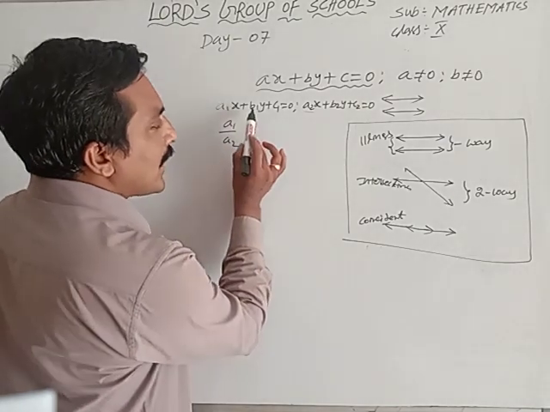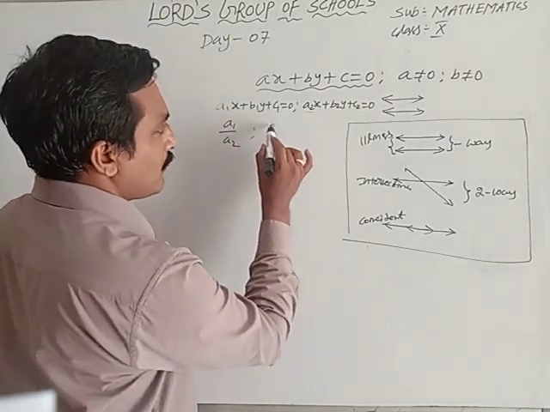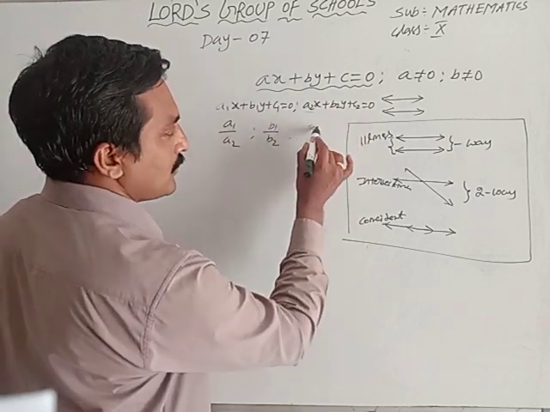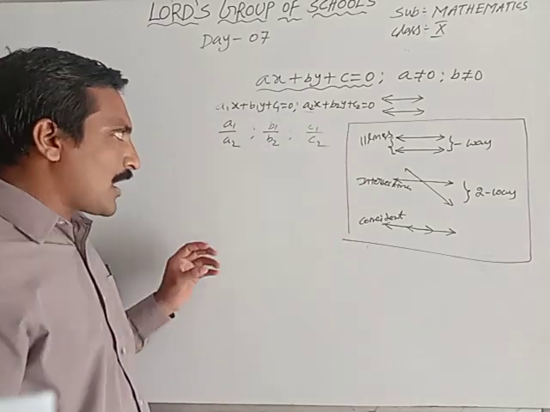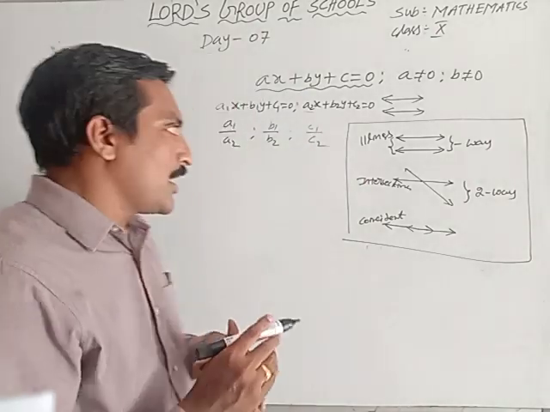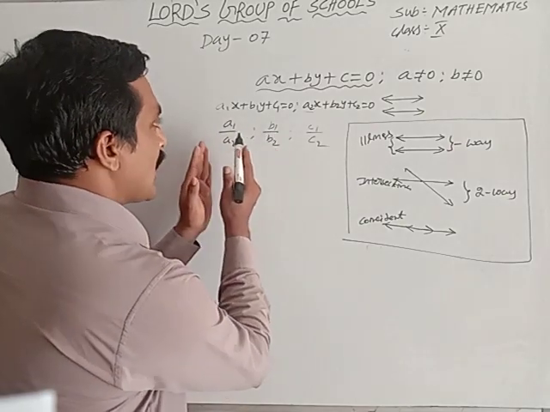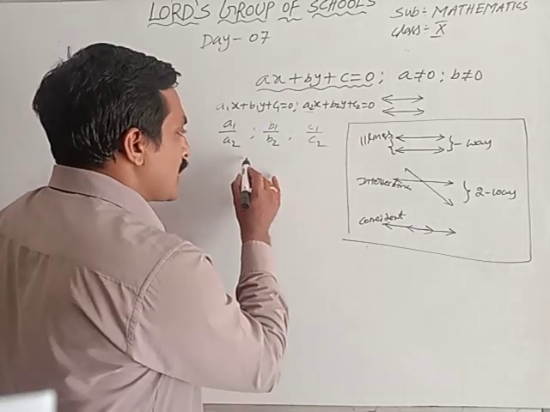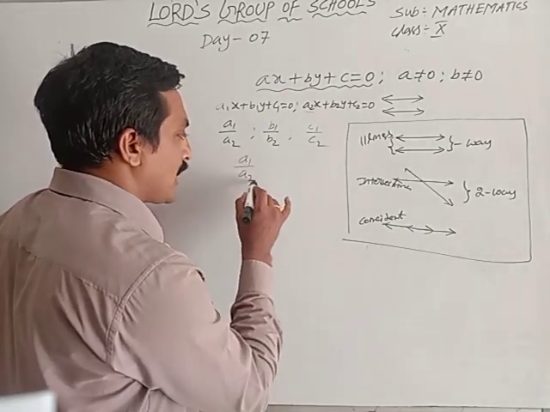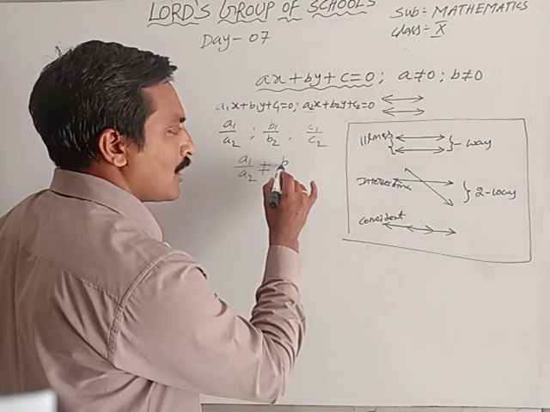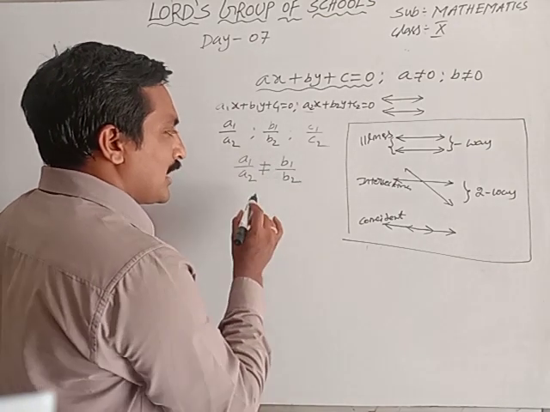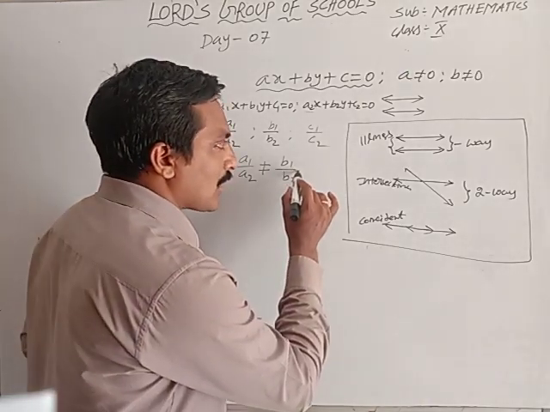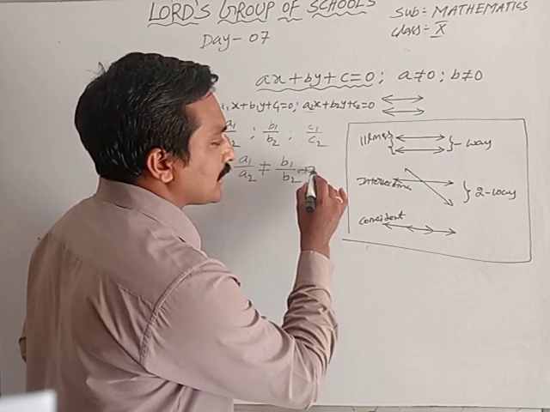Next, write the ratio of the y coefficients, b1 by b2. Write the ratio of the constants, c1 by c2. After writing the ratios, observe the first two ratios, the x coefficient ratio and the y coefficient ratio. If a1 by a2 is not equal to b1 by b2, then those lines are called intersecting lines.